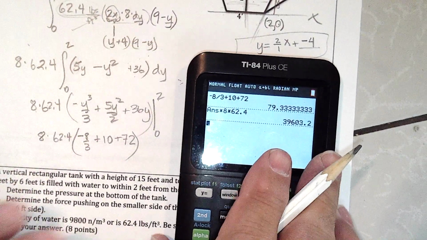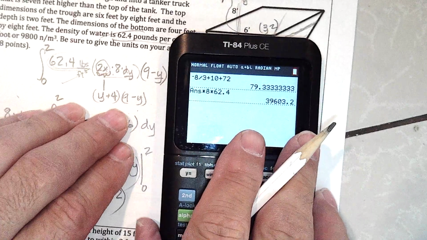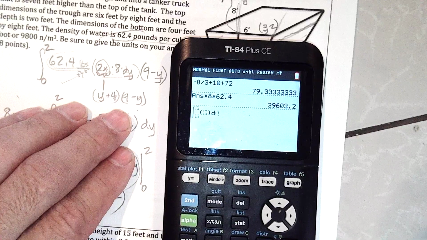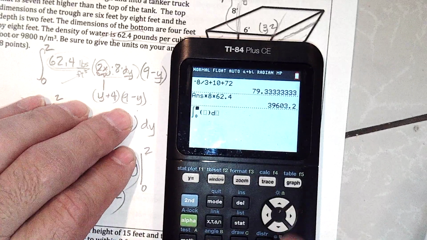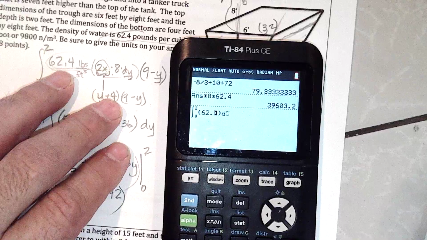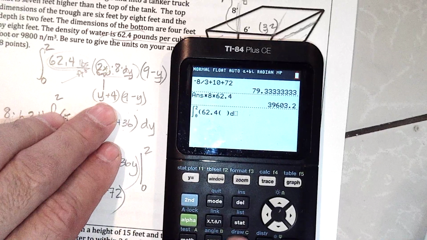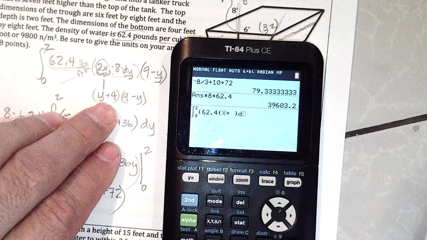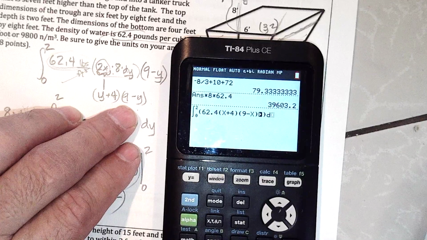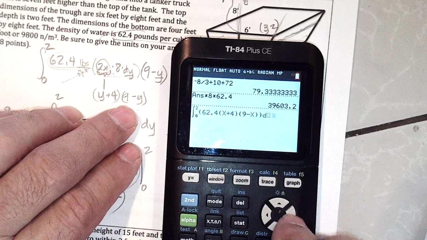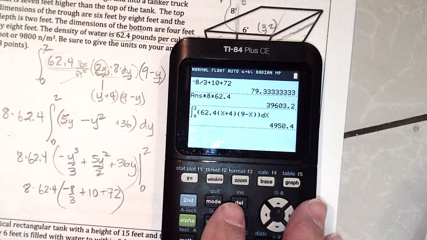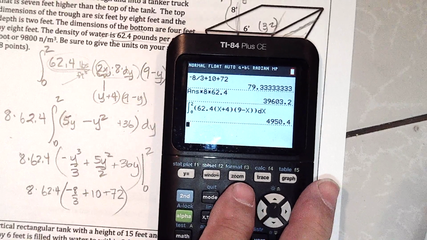Now, let's just go back here and do it way back here when we could have. Math 9, 0 to 2 of 62.4 times x plus 4 times 9 minus x dx, and I am missing something.